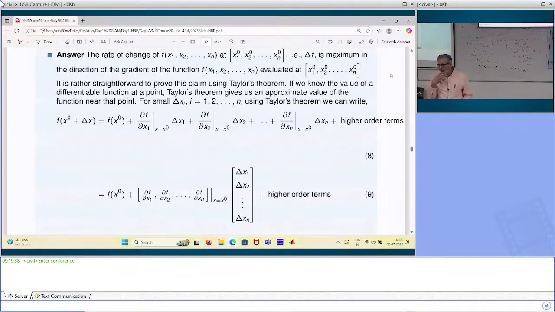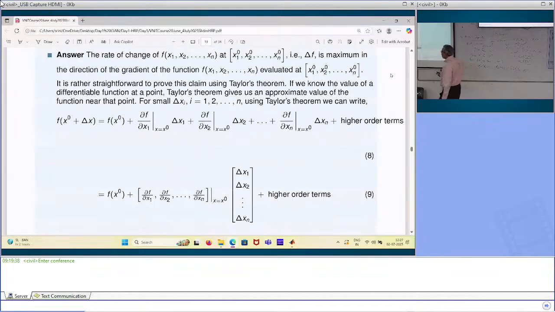Taylor's theorem. It's a very, very famous theorem. Everyone says this world is really non-linear, there is nothing linear in this world. We linearize it, and this is the tool we use to linearize it. So Taylor's theorem is an indispensable tool for our analysis.